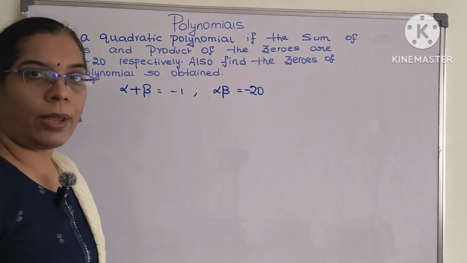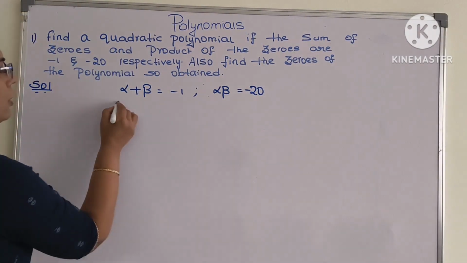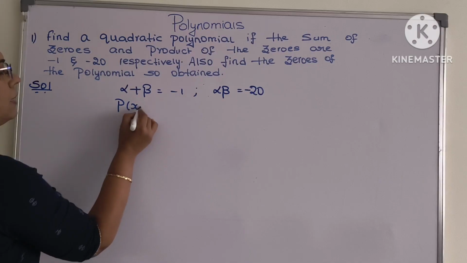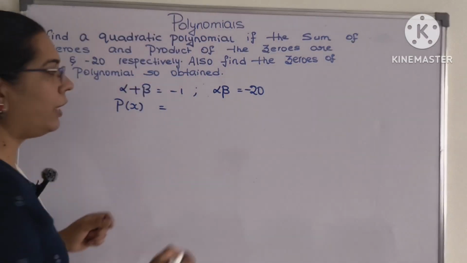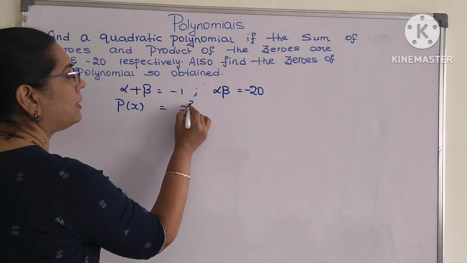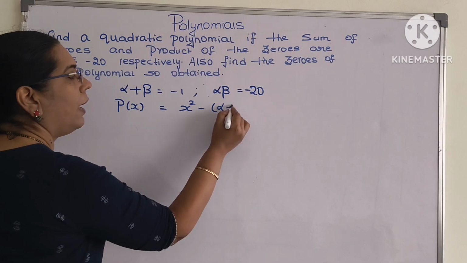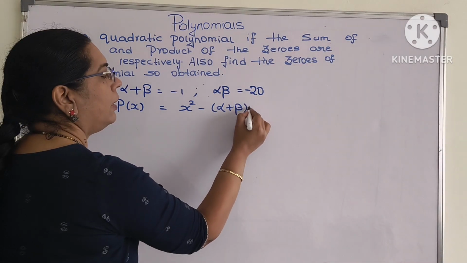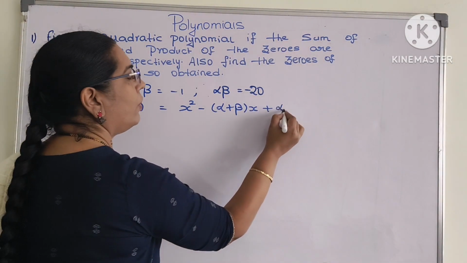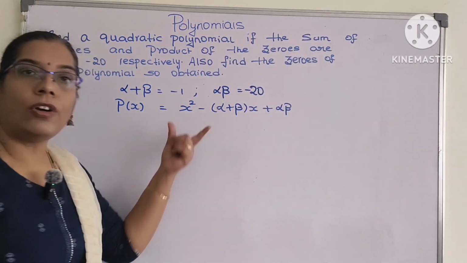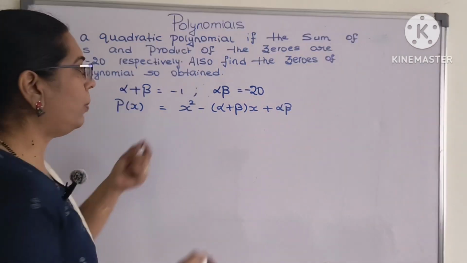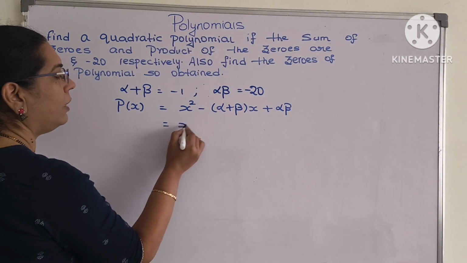They asked us to frame a quadratic polynomial. So, you write this expression. P of x is equal to x square minus (alpha plus beta) into x plus alpha beta. This is how we frame a quadratic polynomial. Just substitute the values.